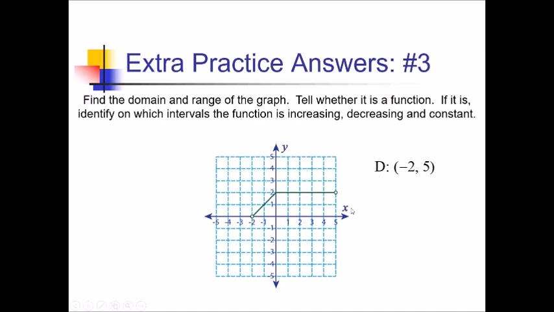For the range, that's the y values from lowest to highest. And we see that we have a continuous function in terms of y values between the endpoints. Now, on the lower end, we have a y value of 0 down here at this open dot. On the upper end, we have y value of 2.